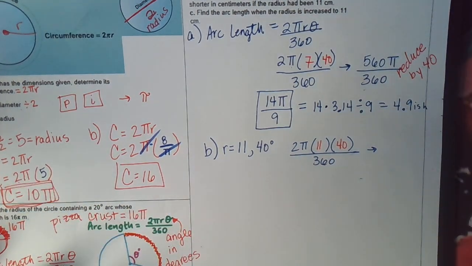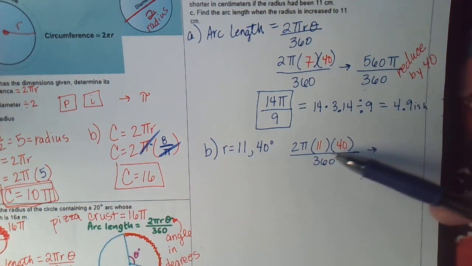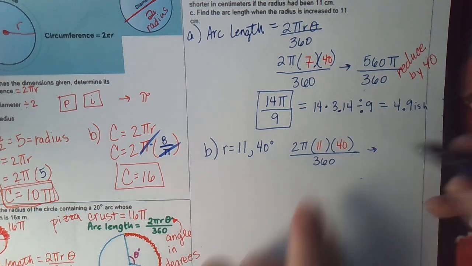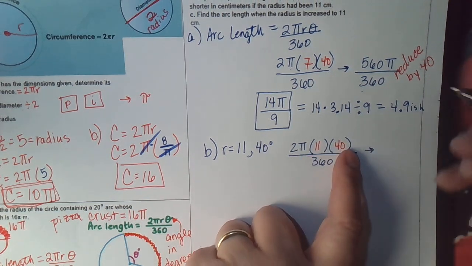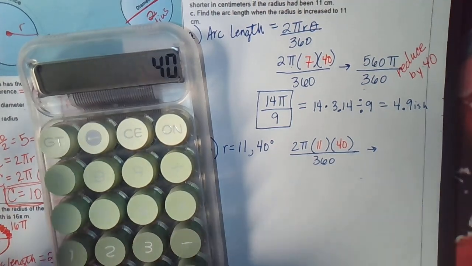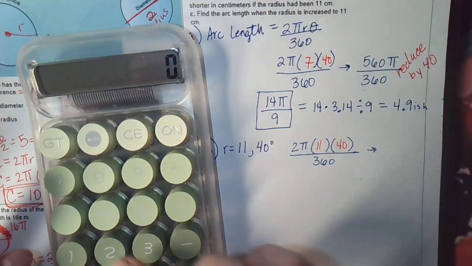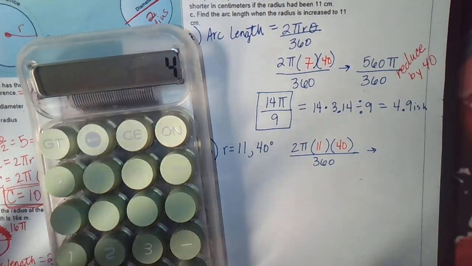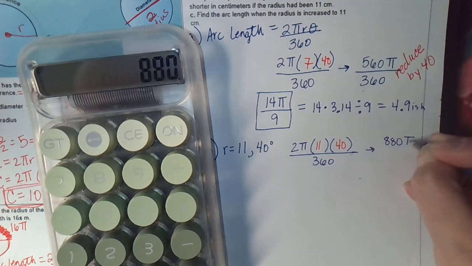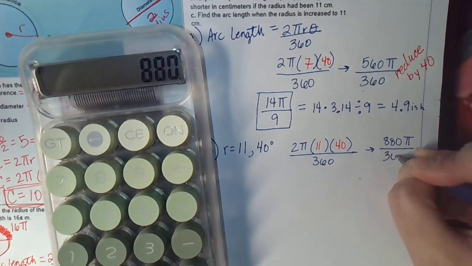Okay, so let's figure out what this is. We could either reduce right now by 40s or at the end. I'm just going to go ahead and multiply all the big numbers up. I multiplied 2, 11, and 40. Whoa. Yeah, and I got 880 with a pi still up there, all over 360.